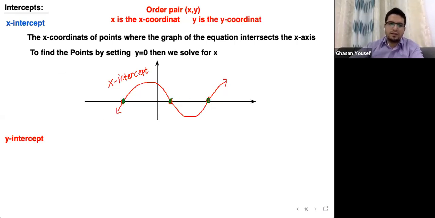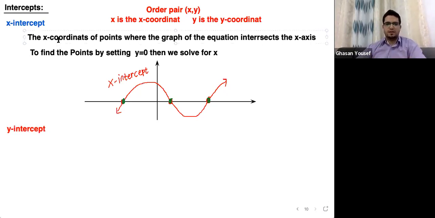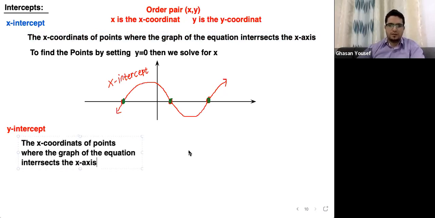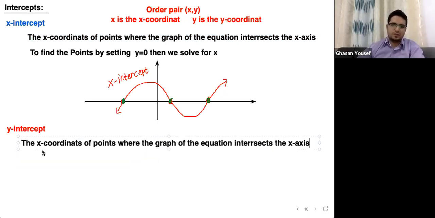Now the y-intercept is the same idea as the x-intercept, but the definition changes: instead of the x-coordinate it will be the y-coordinate of points where the graph of the equation intersects the y-axis. Now the question is how to find this point.